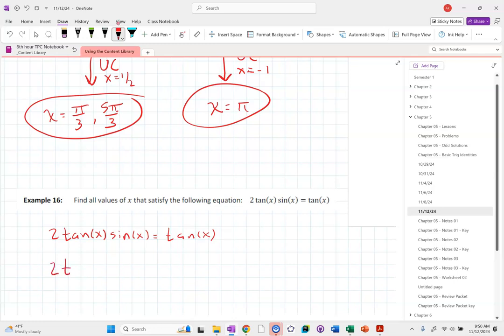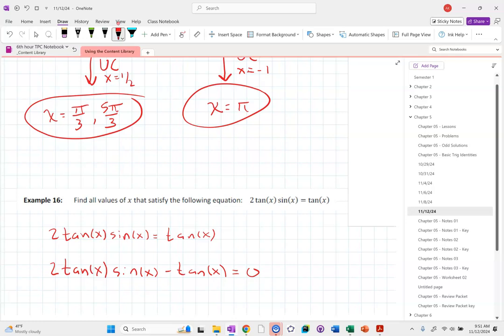So I need my equation to equal 0 because to solve a factoring problem, I have to employ the zero product property. So my equation has to equal 0 if my plan is going to be to solve by factoring. It's a necessary first step.